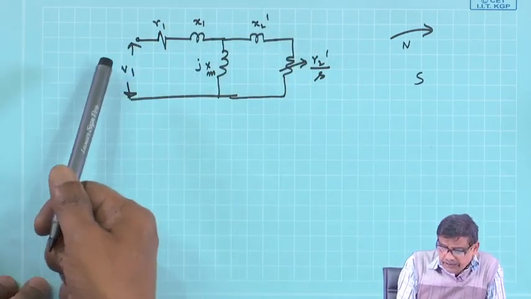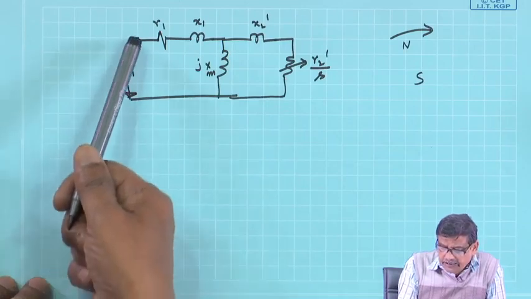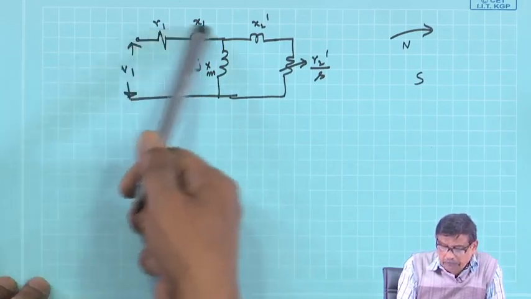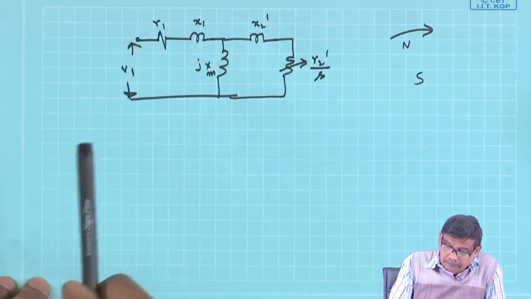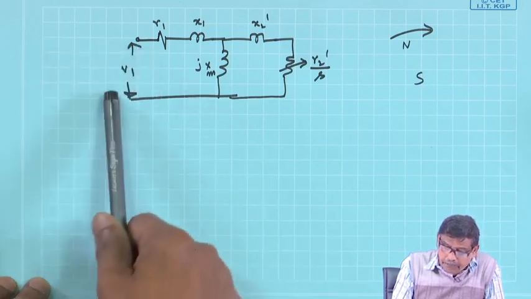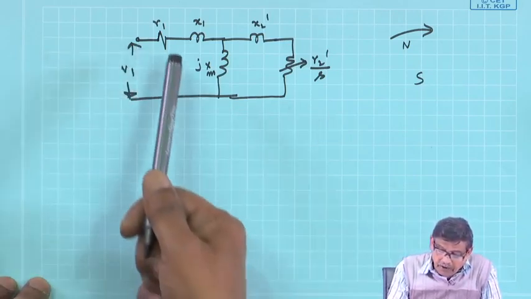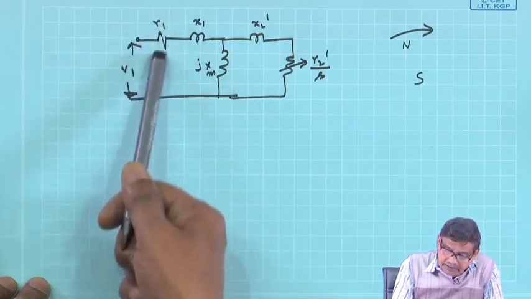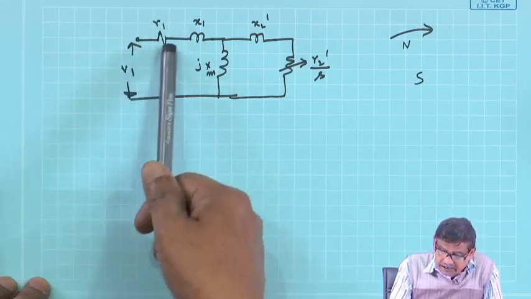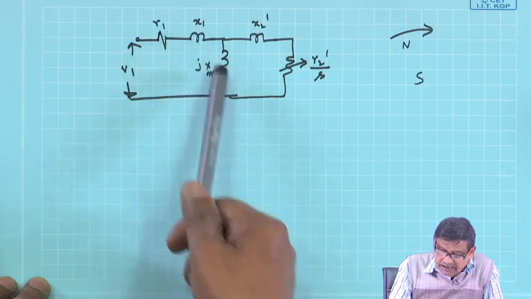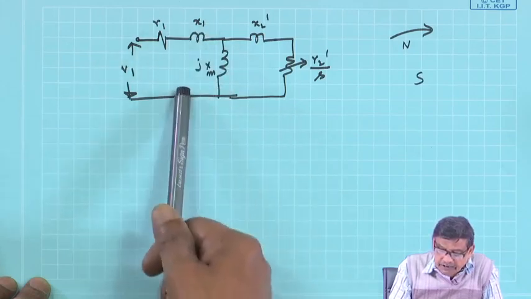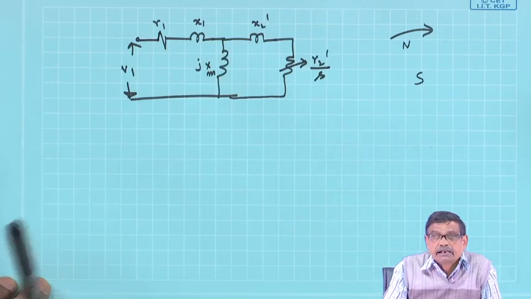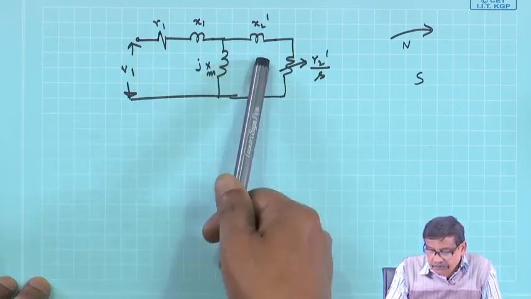If you see, this is the per phase equivalent circuit, there is some real power input, and out of that real power, a power will be lost in the resistance R1 on the stator. On the stator, there are only reactances here, no power loss here. The rest of the power I called air gap power, which enters into the rotor.